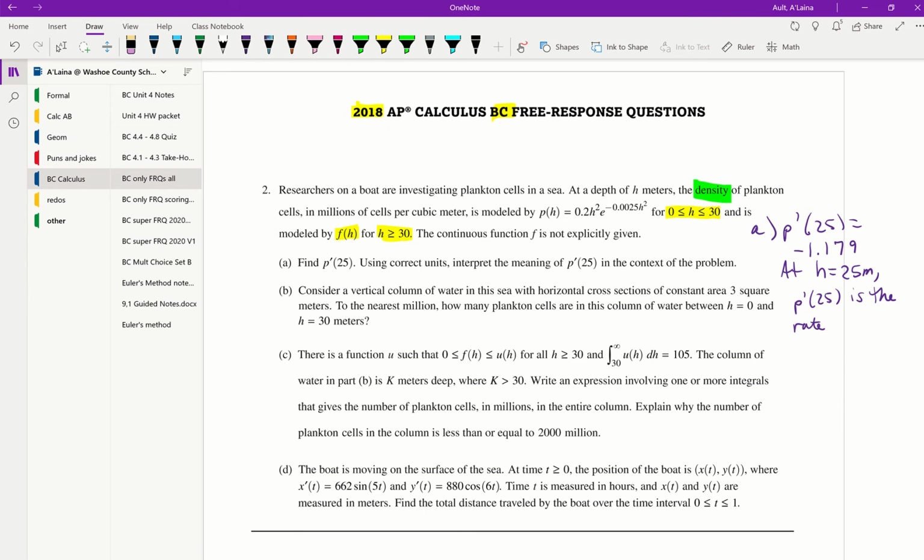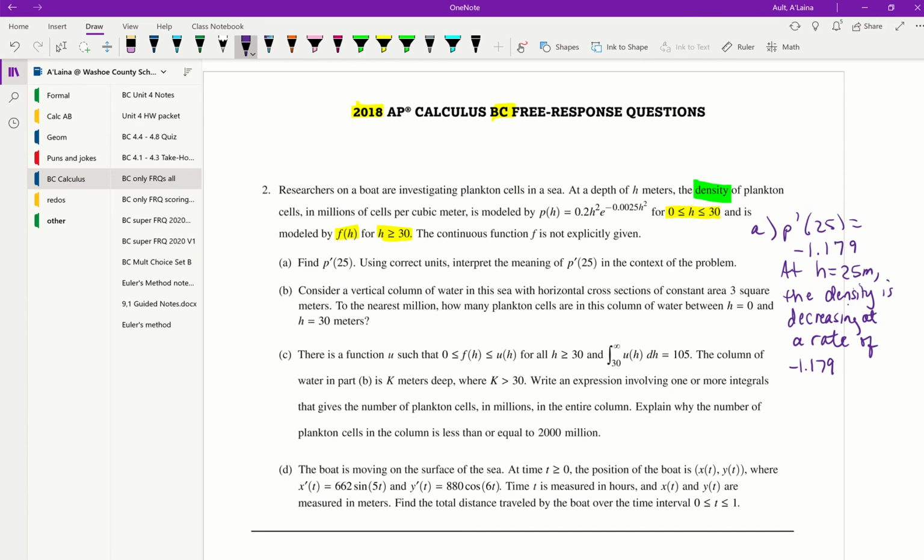Or I'll phrase it a little differently: at H of 25 meters, the density is decreasing. That's another language for rate of change. I'm saying decreasing because that derivative was negative. Somewhere you should be using that word rate, okay? So whether it's rate of change or decreasing at a rate of, and then I have to do the units.